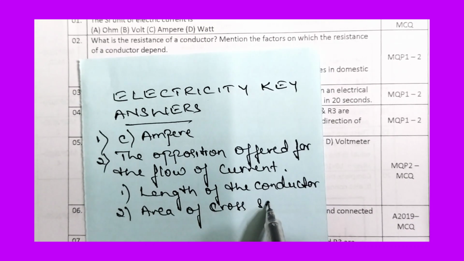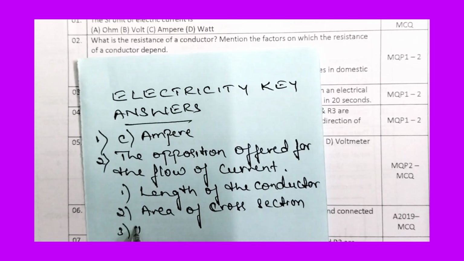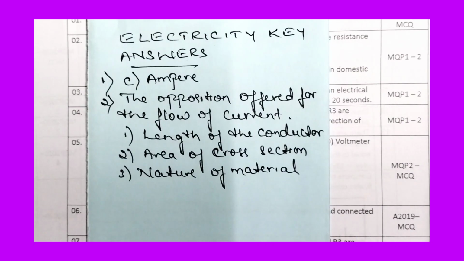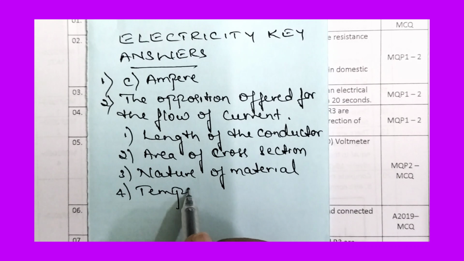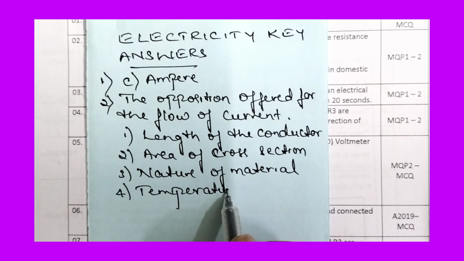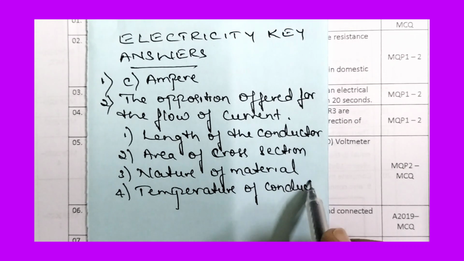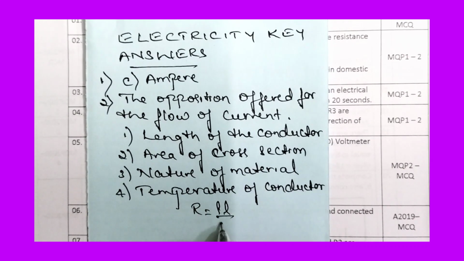It depends upon the nature of material, and it depends upon the temperature of the conductor. So on these four factors, the resistance of a conductor depends. Now let us write one relation: R is equal to rho L by A.